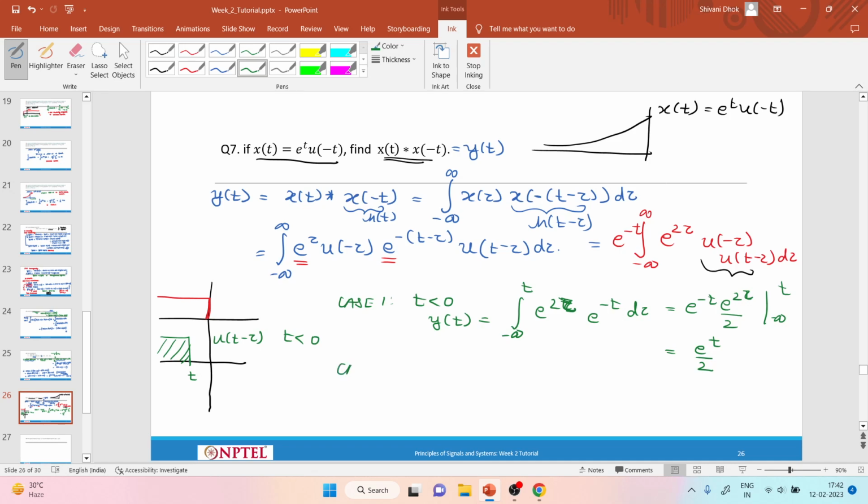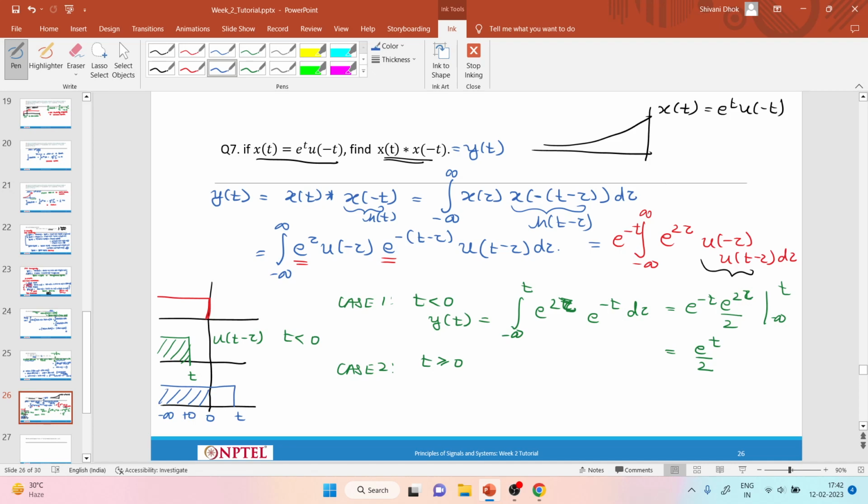Second case is when my t is greater than or equal to 0. So in this situation I am having it something like this. My t is greater than 0, and now this is the region of overlap, that is from minus infinity to 0.